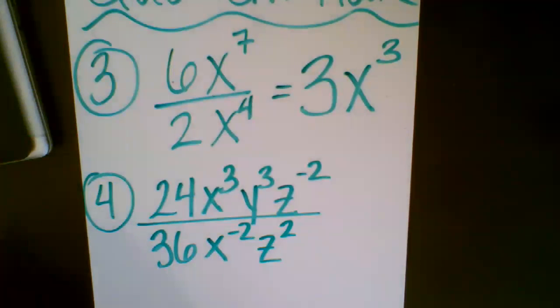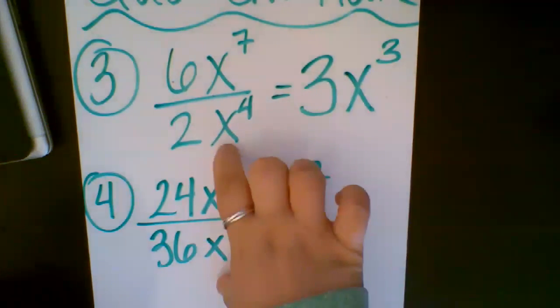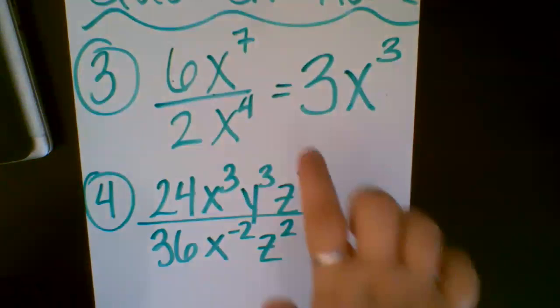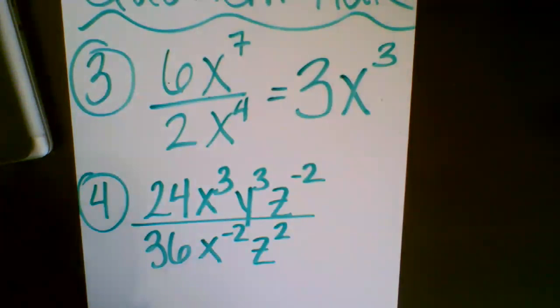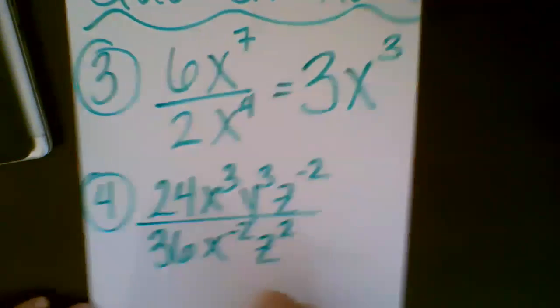All right, so this one's a little bit more challenging. It has a bunch of stuff going on, okay? So again, we can only do x's with x's, y's with y's, z's with z's, numbers with numbers. All right, so let's start with our x's, and we're going to do the same thing that we've been doing, okay?